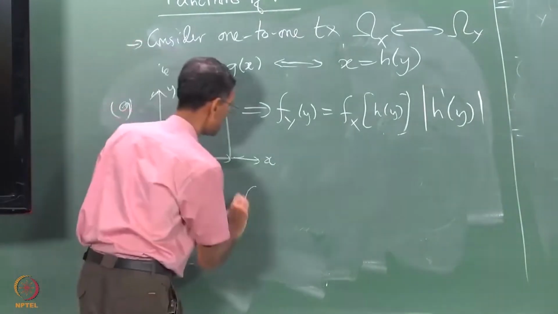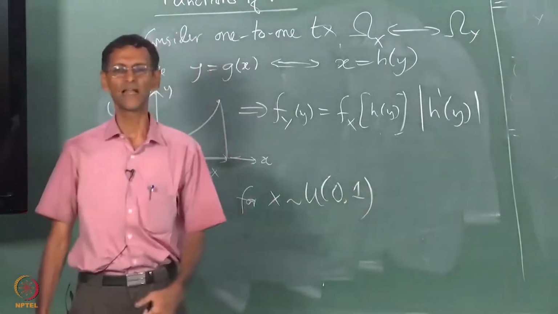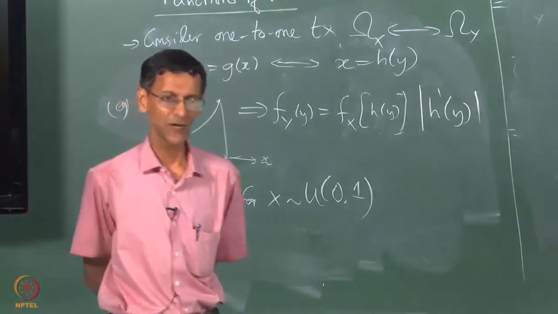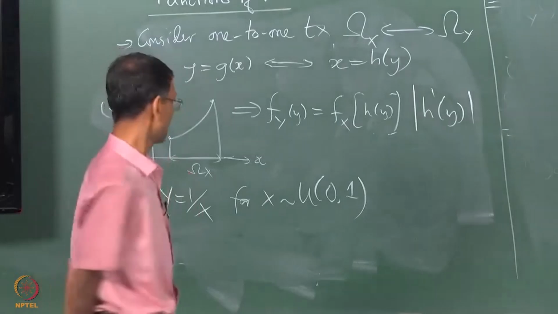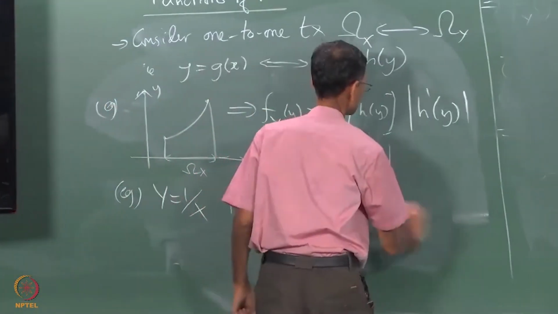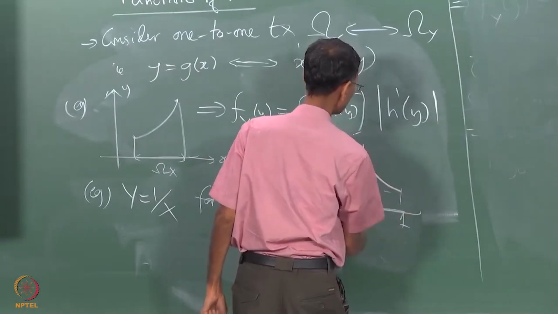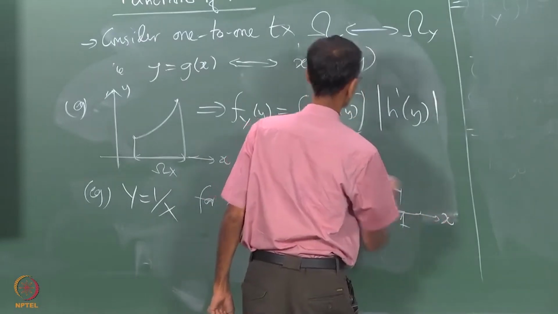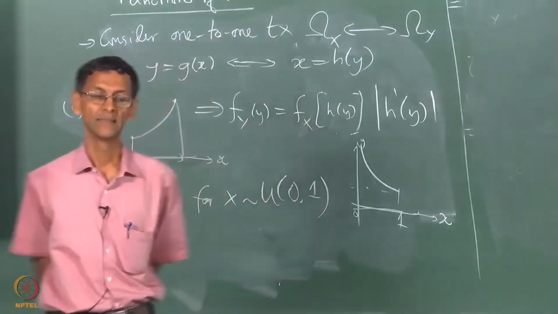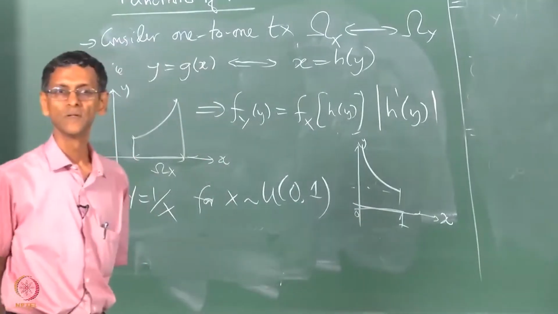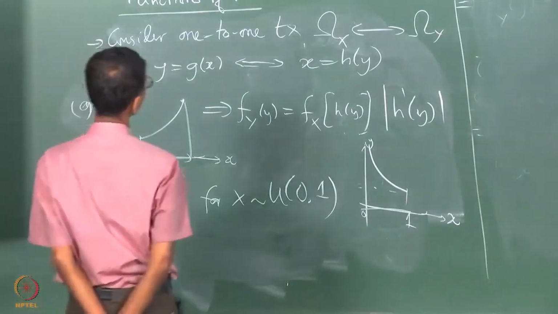The reciprocal, what is the answer? Does this qualify as a one-to-one transformation? What is omega y? I am only looking at this interval 0 to 1 now. Hmm? 1 to infinity, right. Omega y is 1 to infinity.